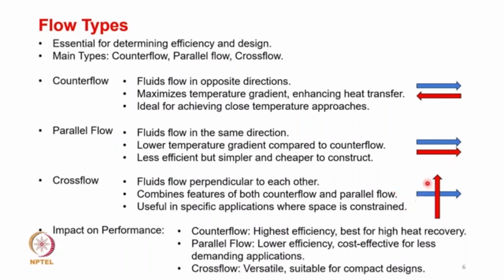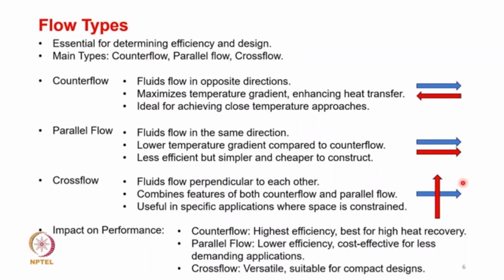The next class of flow is cross flow. As we see here, the flows are perpendicular to each other. The fluid streams, indicated here by the blue and red arrows, tend to flow perpendicular to each other. The advantage of cross flow is that it combines the features of both counter flow and parallel flow.